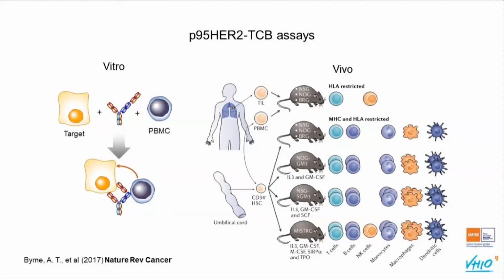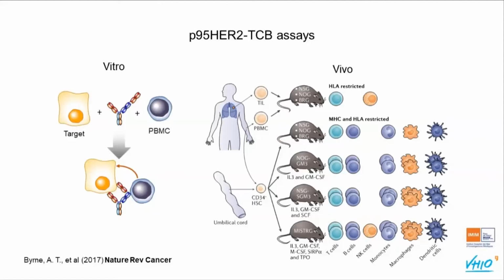This is taken from a recent review on the different animal models that can be used, from very simple models in which NSG or other strains of immunodeficient mice are injected with PBMCs from healthy volunteers, together with your cells, to more sophisticated ways like mice humanized with CD34 positive hematopoietic stem cells.